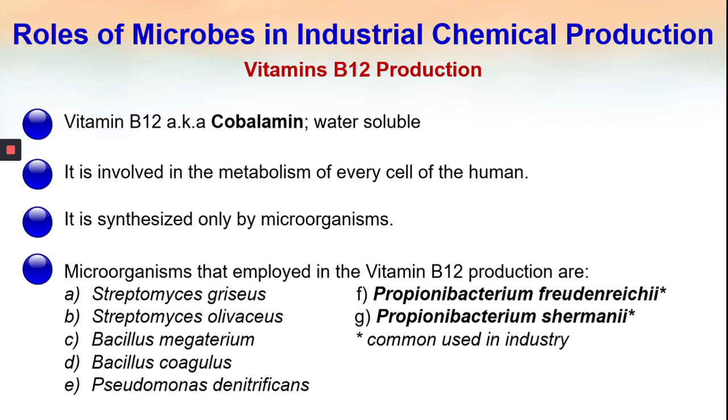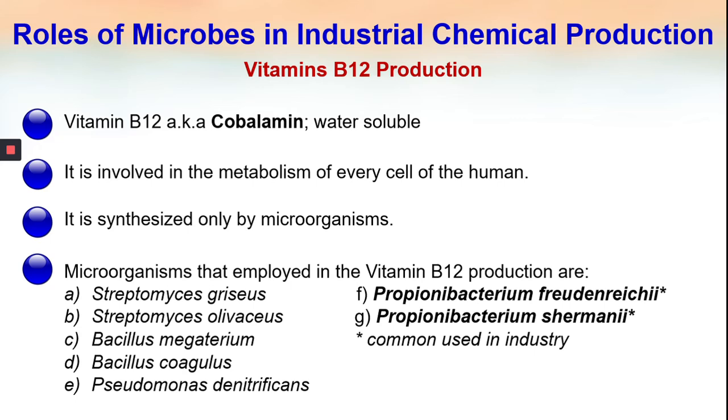As an example, vitamin B12 production. B12, also known as cobalamin, is a water-soluble vitamin, and some of the microorganisms commonly used in the production of B12 are Streptomyces griseus, Streptomyces olivaceus, Bacillus megaterium, Bacillus coagulans, Pseudomonas denitrificans, Propionibacterium freudenreichii, and Propionibacterium shermanii.